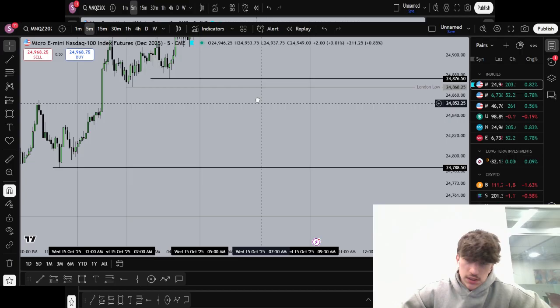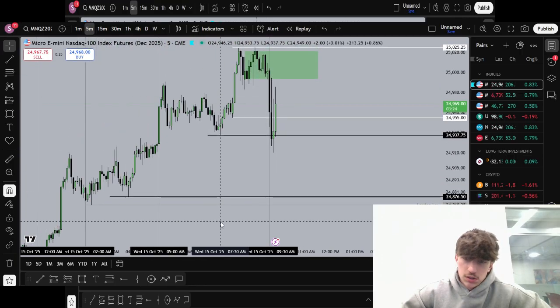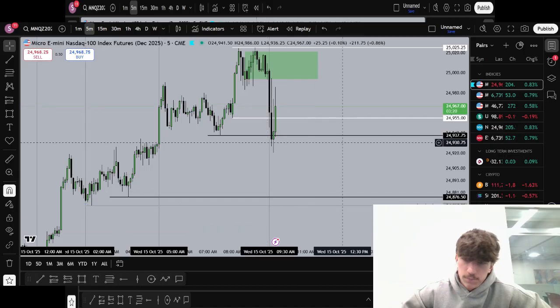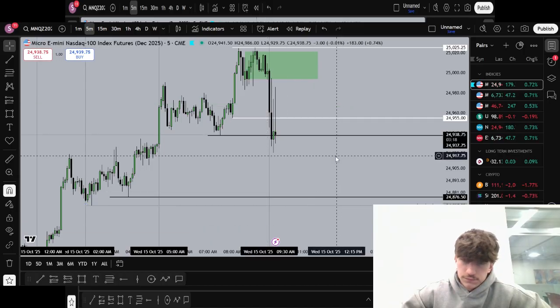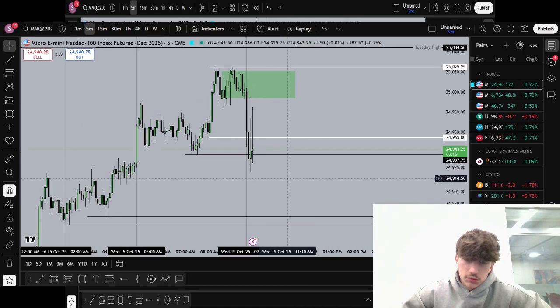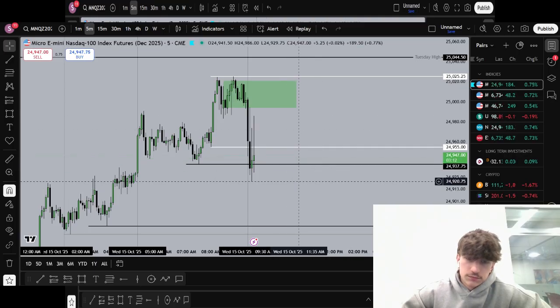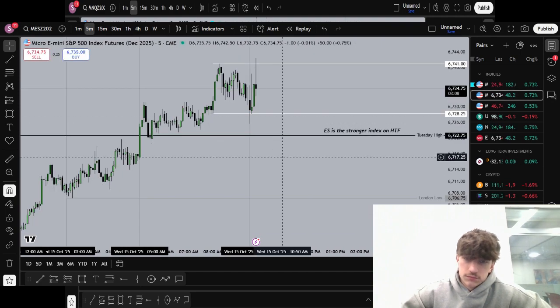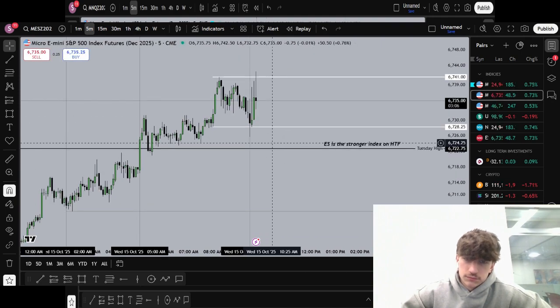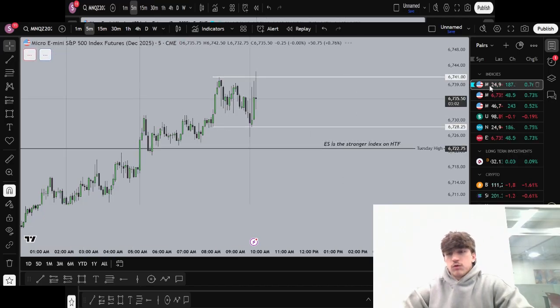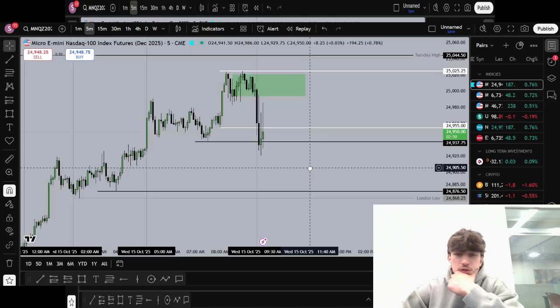But ideally, I mean, that would be good. TP1 here, TP2 here. That could be what we're looking for. We might actually get this sooner. I'm glad I didn't go to the bathroom.